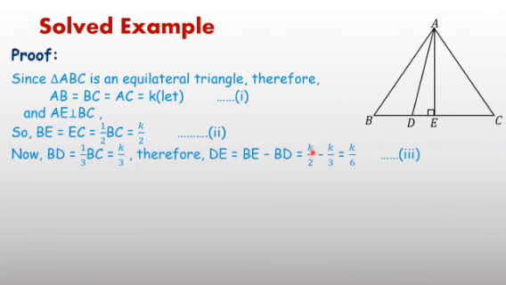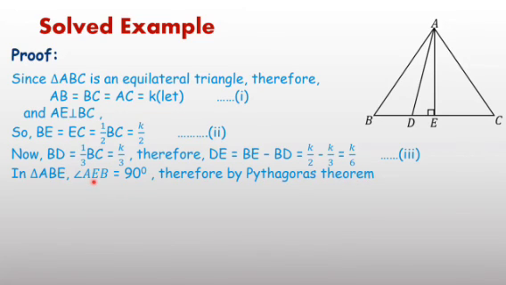Value of BE, K by 2 minus K by 3, take LCM 6: 3K minus 2K equals K. It is equal to K upon 6. Therefore, in triangle AEB, angle E equals 90 degrees. Therefore, apply Pythagoras theorem. If Pythagoras theorem is applied, you will get hypotenuse AB square equals AE square plus BE square.